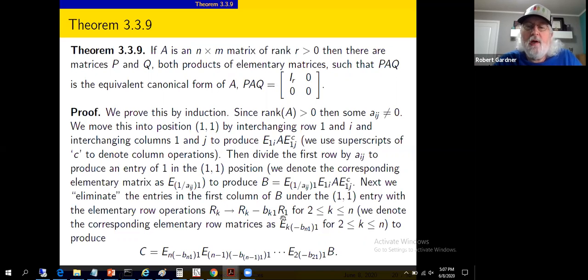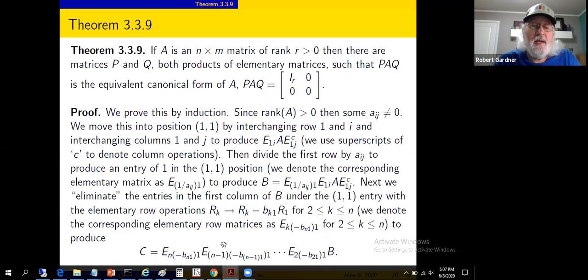Remember, in row 1, the first entry is a 1. So in that first entry, you get B sub K1 minus B sub K1. So you get 0 in the first entry, and a bunch of arithmetic happens throughout. Do those row operations for the second row through the last row. That'll get you all 0s below that 1, 1 entry. I want to call it a pivot because it is a pivot. And let's see, that'll produce, let's call it matrix C.